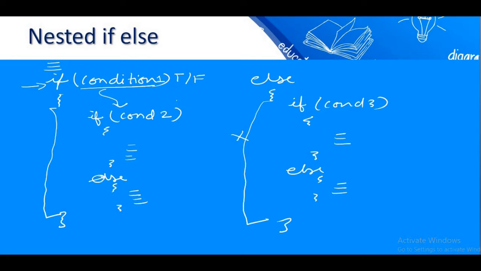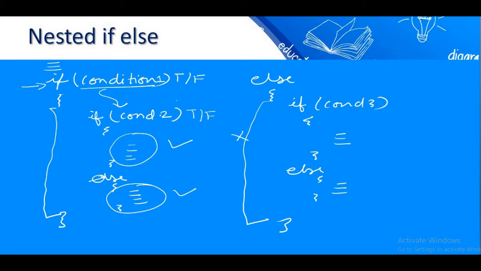All right, now we come inside this statement block, then we encounter one more condition. Then this another condition, condition 2, will also be evaluated. Again there are two possibilities: either the condition will be true or false. If the condition is true, then this particular block will be executed, and if the condition is false, then this particular block will be executed. In both cases, either this will be executed or this will be executed, never both.